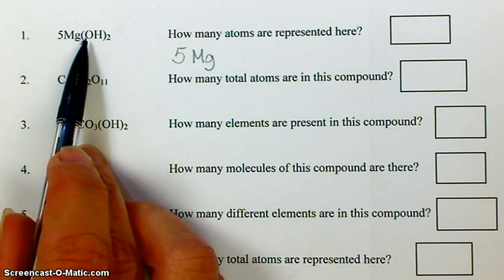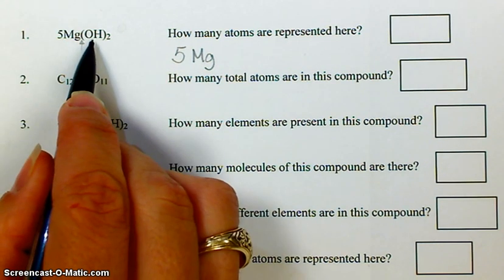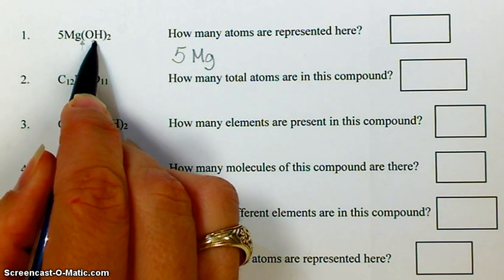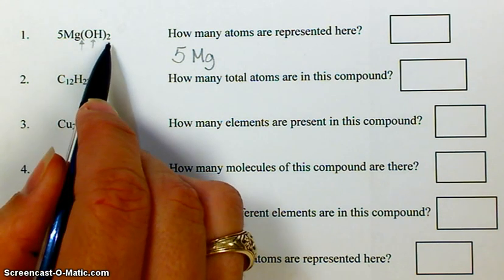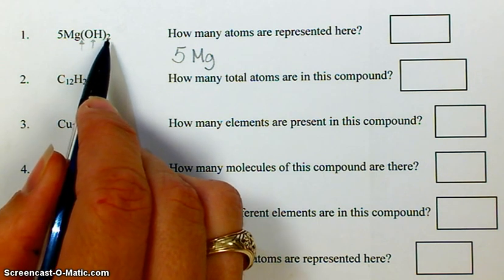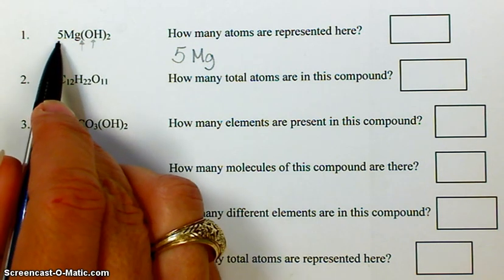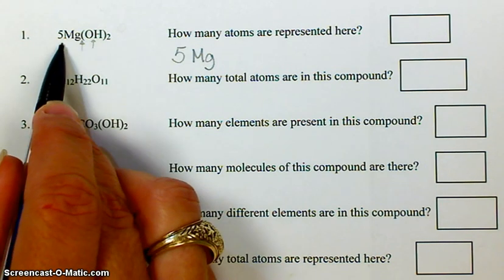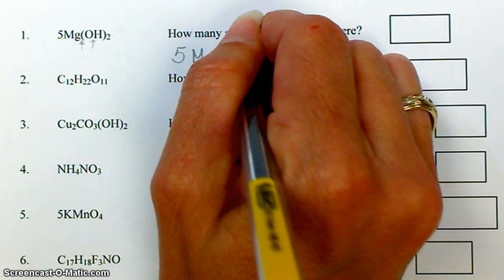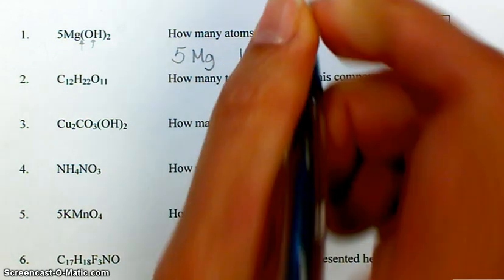So this is capital letter O, this is oxygen. The subscript for oxygen inside the parentheses is not written, so it's 1. And then we multiply by the subscript that's outside the parentheses, so 1 times 2. And then we multiply by the coefficient, so 1 times 2 times 5, and that is 10 oxygens.